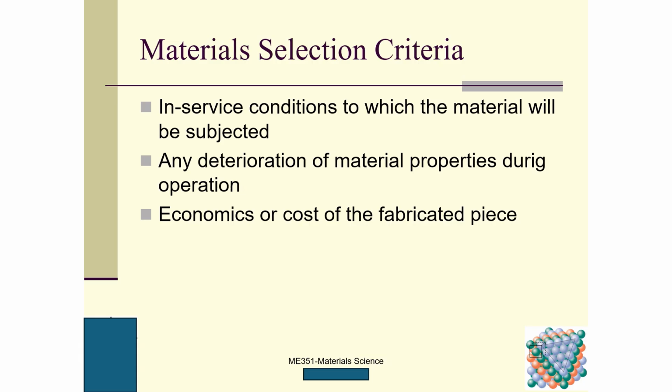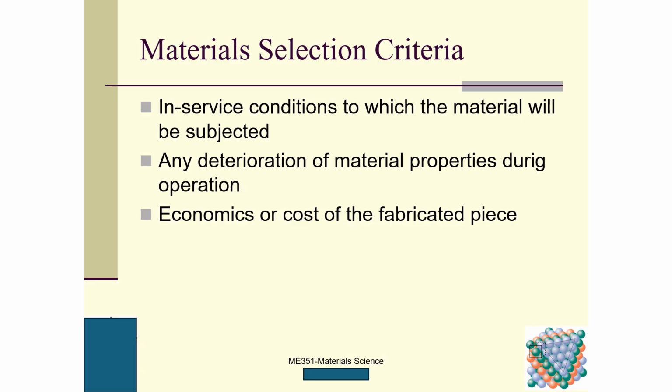Another criterion you need to think about is any deterioration of material properties during operation. Whenever you want to select a material, you need to think about whether the current operating conditions can cause any deterioration of this material. If yes, you need to select another material that can withstand these kinds of conditions.